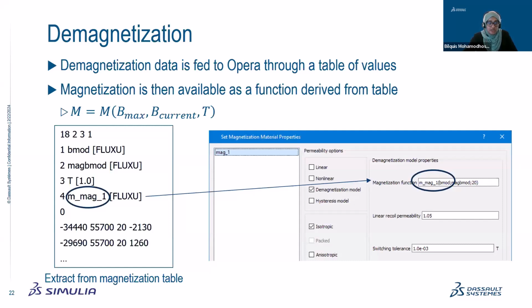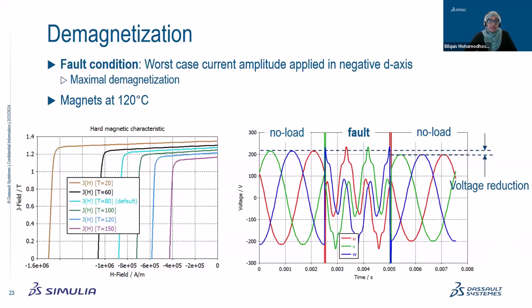Once you have that, you can also look at the faults that occur with respect to demagnetization of your permanent magnets in your motor. The worst case would be when you have a current amplitude applied in the negative d-axis, or in the opposite direction of the magnetization of your magnet, and that causes maximal demagnetization.